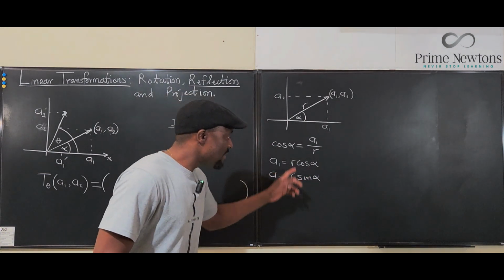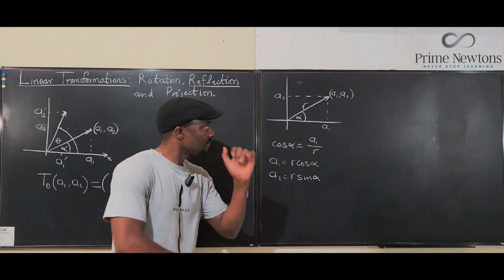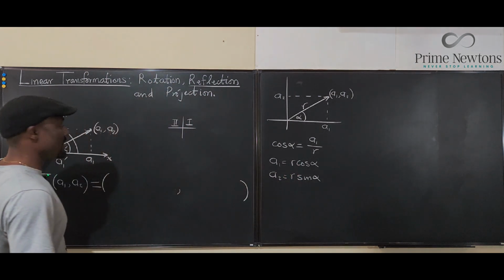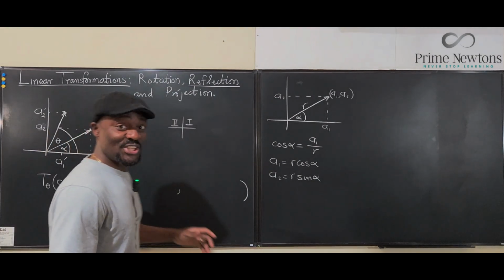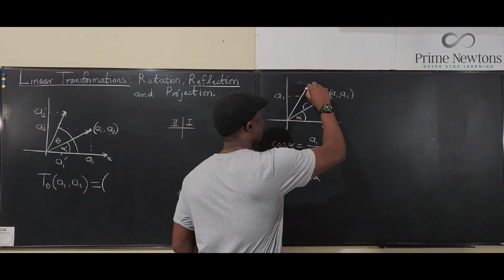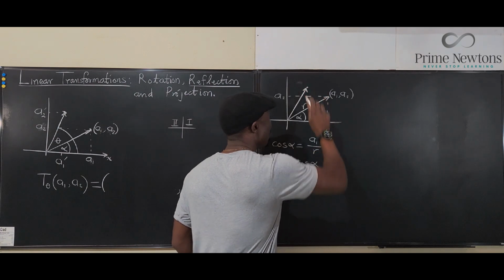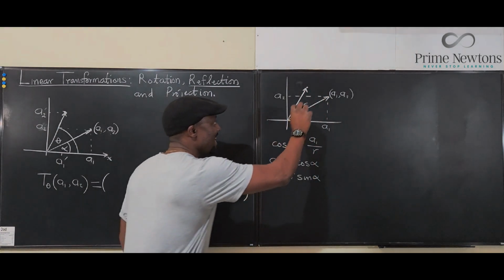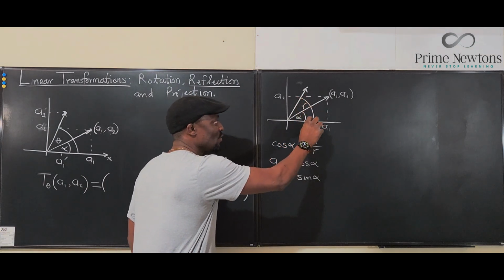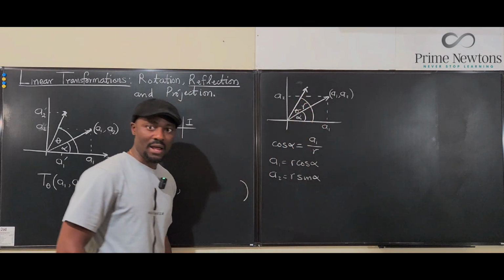Now, having obtained these two, we want to know what this new guy is, because this new guy has changed location. The zip code is now here. But we know that the angle is no longer alpha. The angle has changed to alpha plus theta.